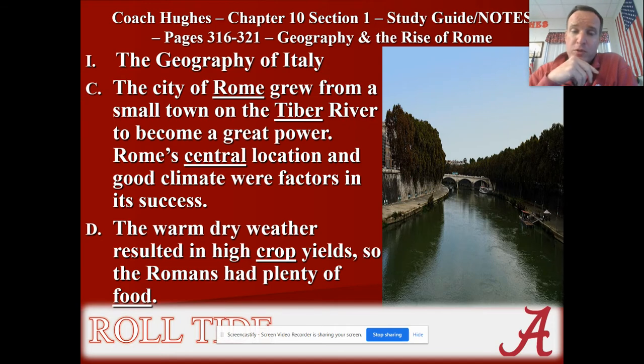Think no more to the West Coast, the state of California, because California, if you squint your eyes a little bit, maybe looks like an elongated Italy, maybe even a backward shape. But the climate of California is very similar to the climate of the Italian peninsula.